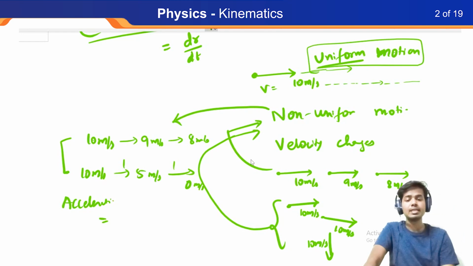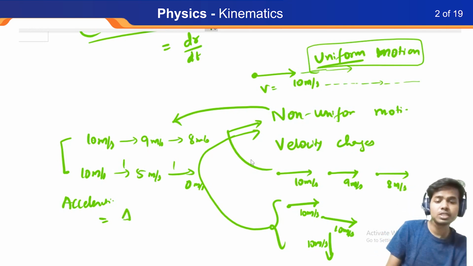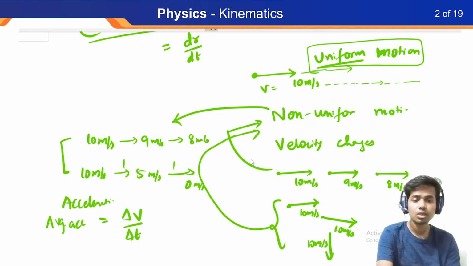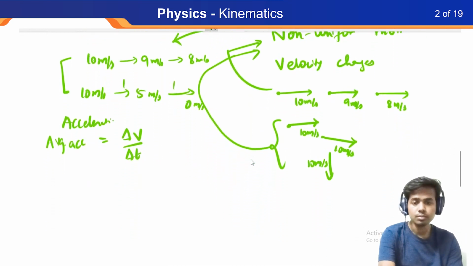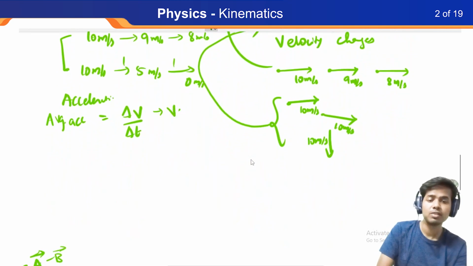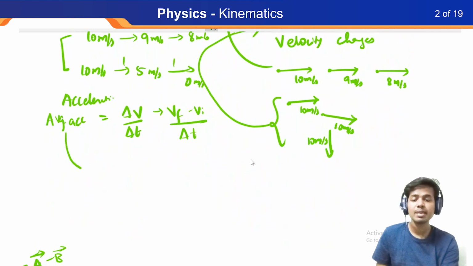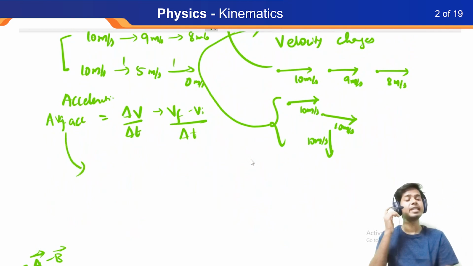So that is why we define a term called acceleration. Acceleration is defined as the change in velocity in a given amount of time. This is called maybe average acceleration. It means change in velocity, which is final velocity minus initial velocity, divided by the total time taken. Now, in the same manner, can I define instantaneous acceleration?